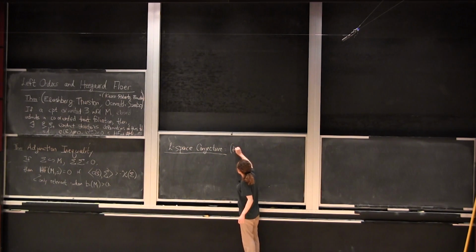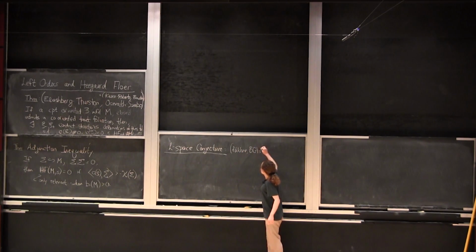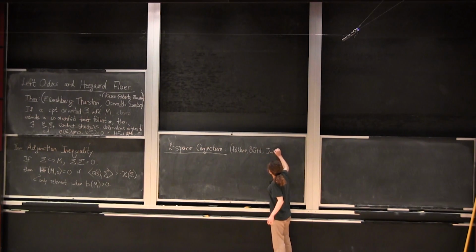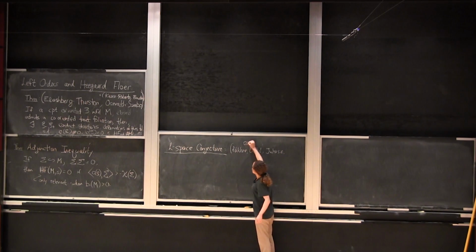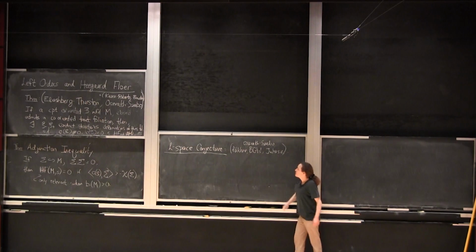This would be folklore. It was written down by Boyer, Gordon, and Watson. And Juhász wrote down another part. And I think also Ozsváth and Szabó had it mentioned, not as a formal conjecture, but as something to think about in writing.